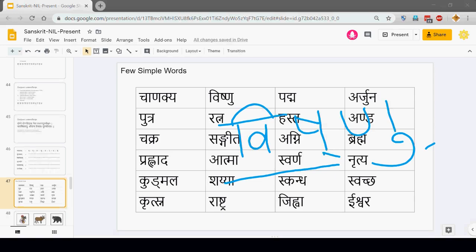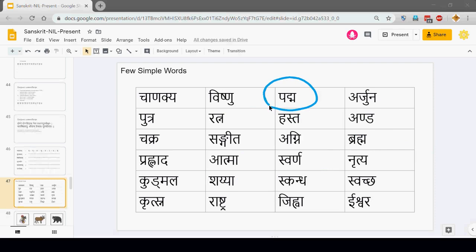Consonants without vowels are pronounced with a sudden stop, like Vish, not Vishe. We don't add any vowel to it. So it's not Visher or Visha. It's just a stop, Vish, and then there is Nu. Vishnu.